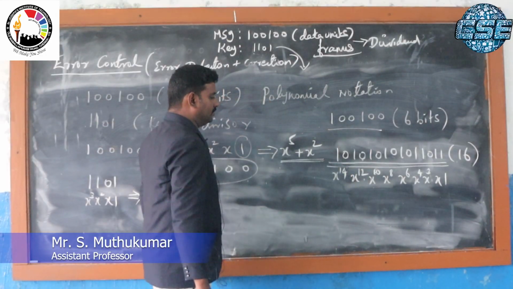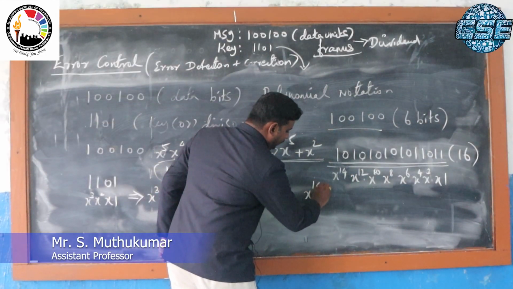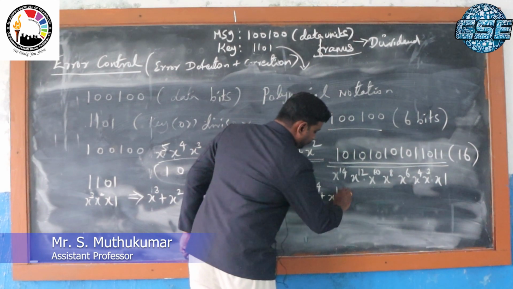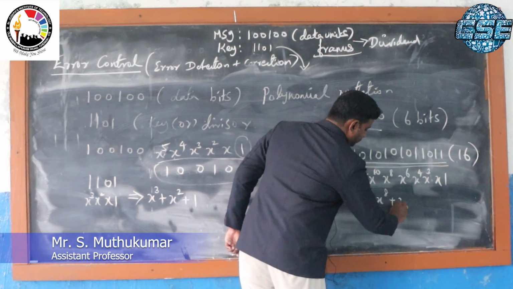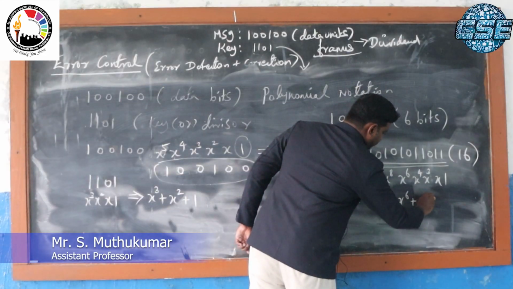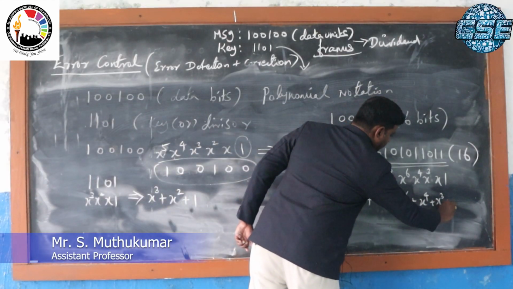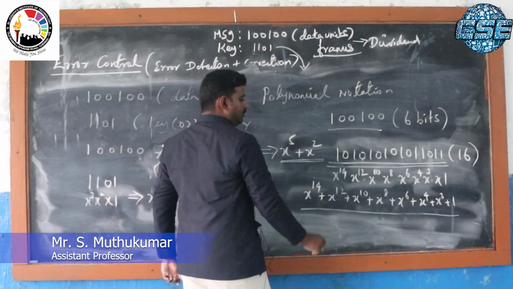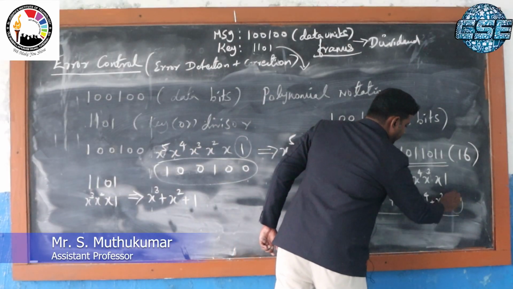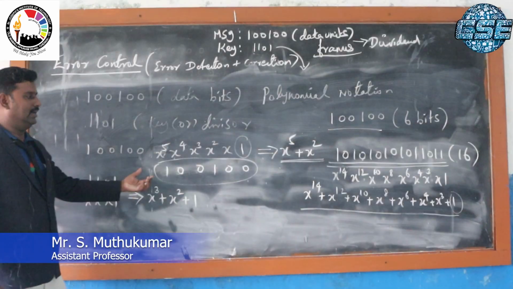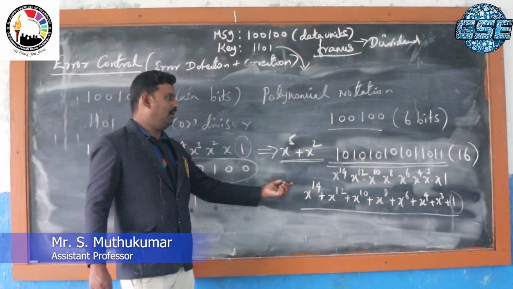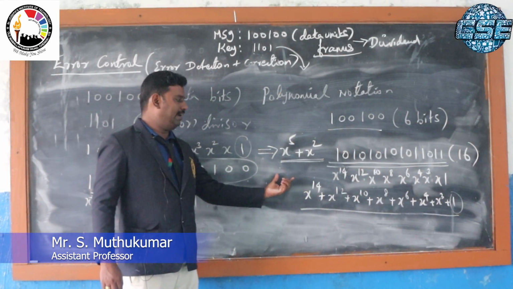So in this format also we can write the data bits. Don't forget the last bit. You can be given 8 bits, 6 bits, 12 bits, or 16 bits of data.